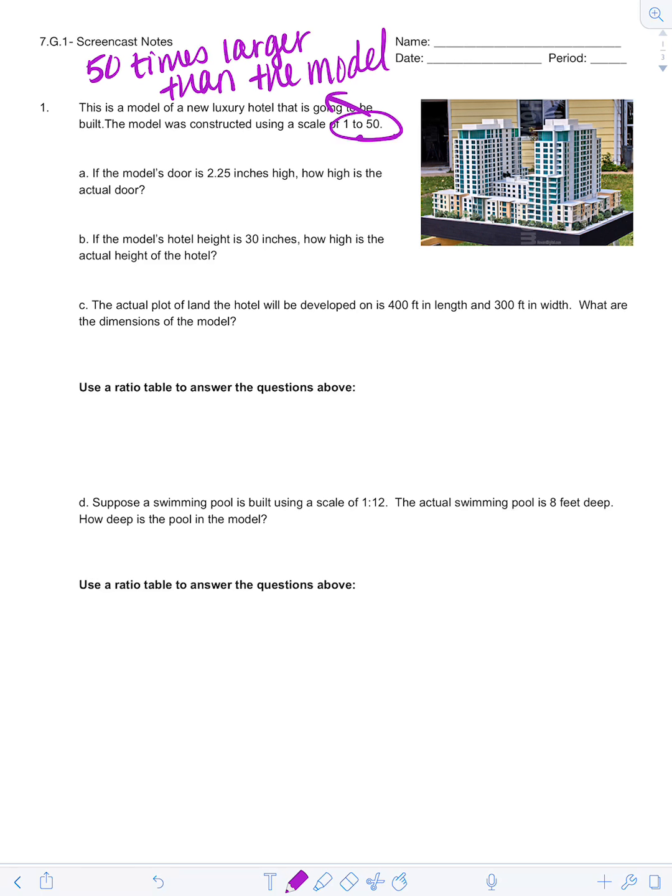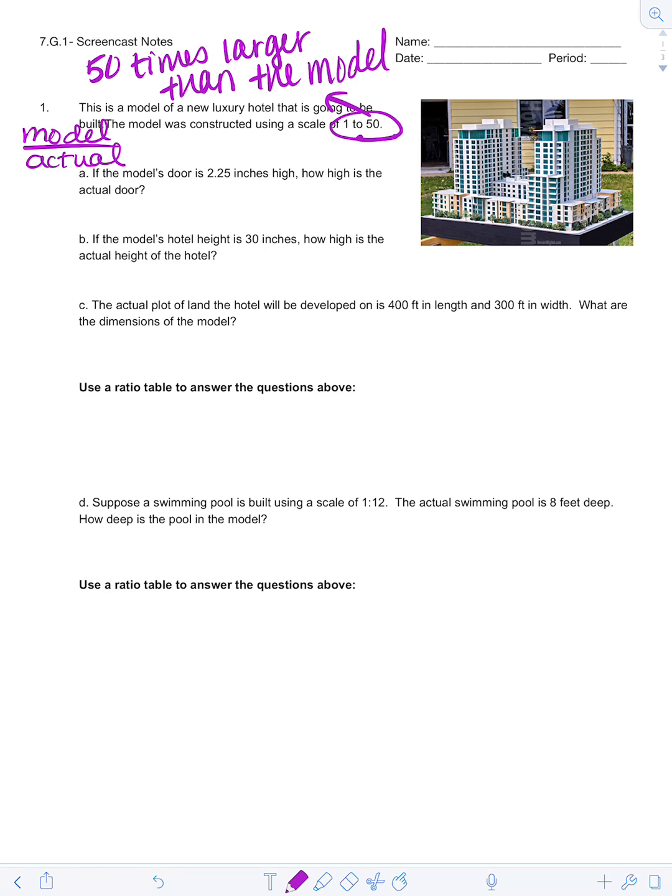And that's important because when we go and find our measurements, we're going to need to use that. Another thing is when we're using scale, that 1 to 50, it's telling us it's model to actual when we compare that ratio. 1 is the model, and then the actual is going to be 50.